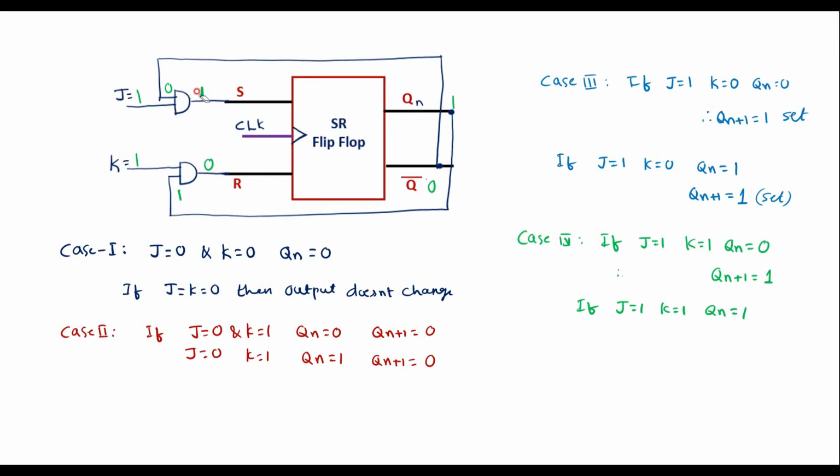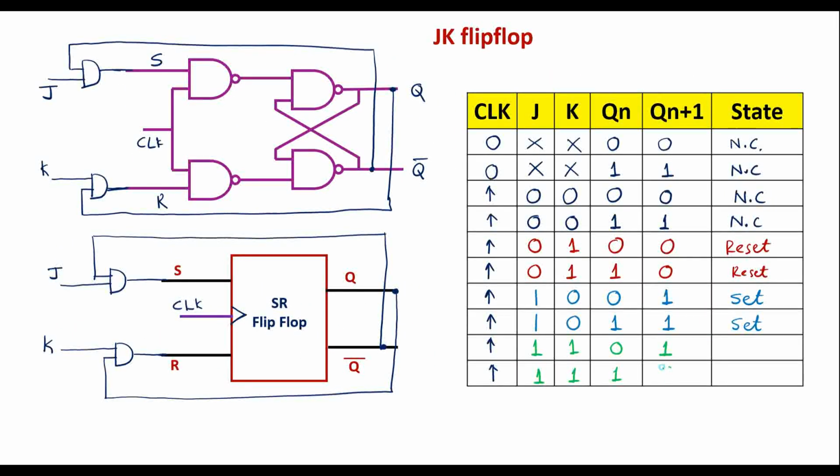So now output of this AND gate is 0. Here output of AND gate is 1. So now S is equal to 0, R is equal to 1. It means in SR flip-flop, if S is 0, R is 1, flip-flop will reset. That is, next state of the output of flip-flop will be 0. Therefore, Qn plus 1 will be equal to 0.